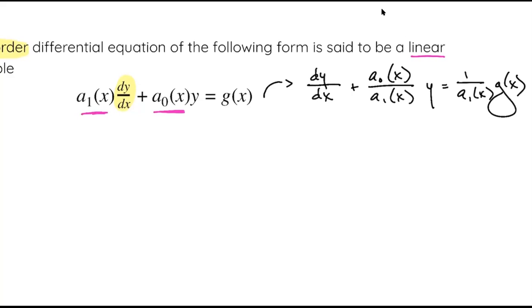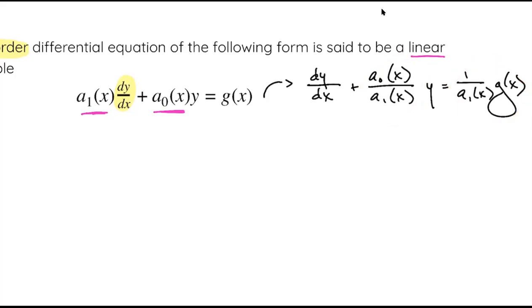So all we've done is divide everything by a sub 1. And we're going to rename our functions, in particular this one and also this fraction. We don't need to rename them when we're in the actual problem, but for generalization, it's nice to rename just so we don't have to keep writing a sub 0 over a sub 1 or g of x over a sub 1, okay?